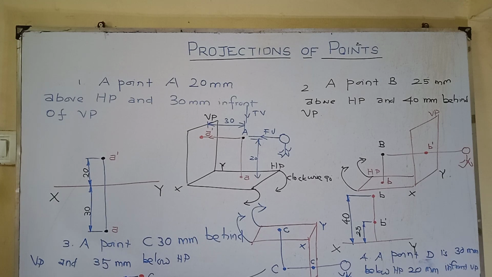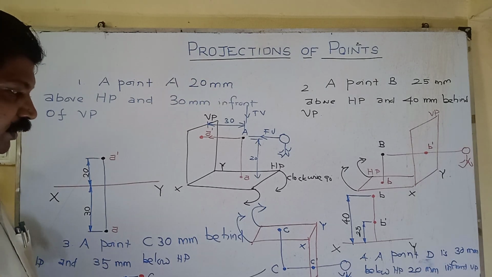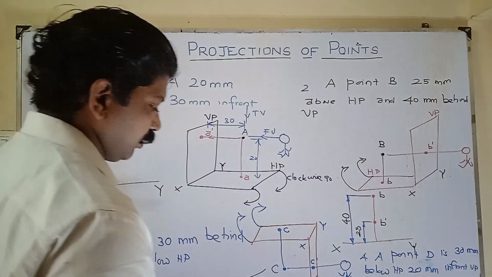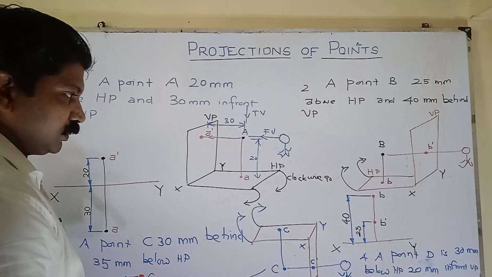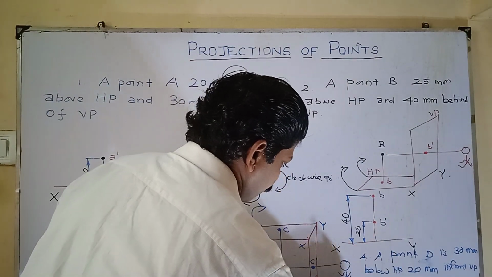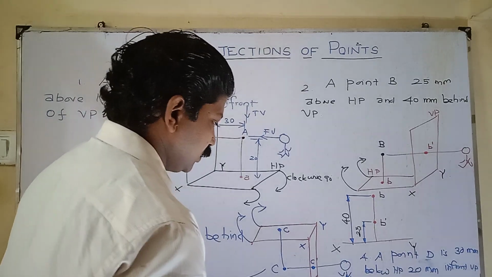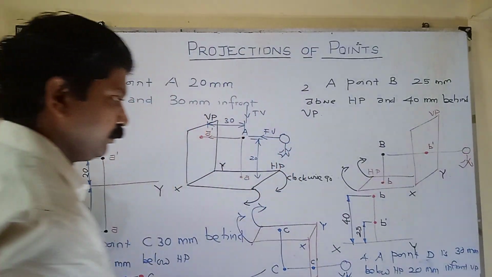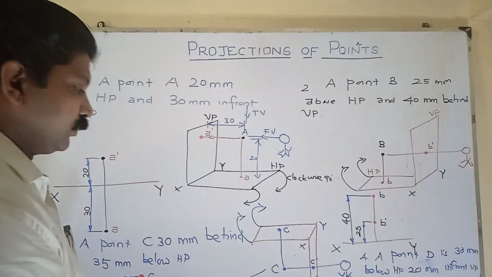After the projection, rotate the horizontal plane clockwise 90 degrees. The object is 20 mm in front. So the top view is 20 mm below, the front view 30 mm below. Draw the XY axis line using 2H pencil.